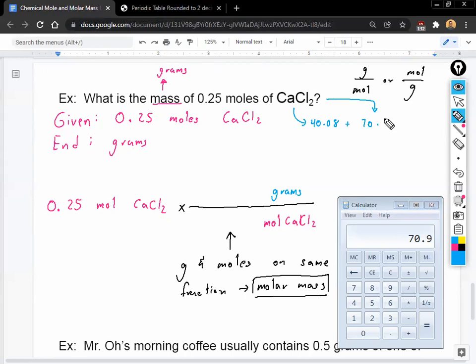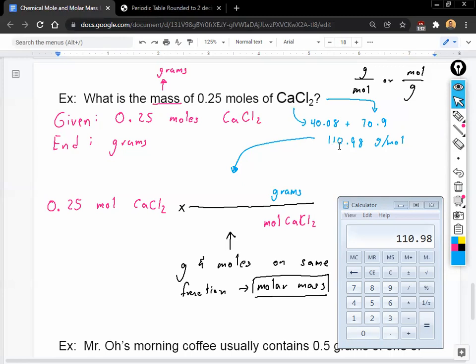So if I want to find the molar mass of CaCl2, I need to put them together. I just add them, 70.9 plus 40.08, and that'll give me 110.98 grams per mole. And that is where you'll get the numbers for the molar mass. Now you just need to be very careful where you put the numbers.